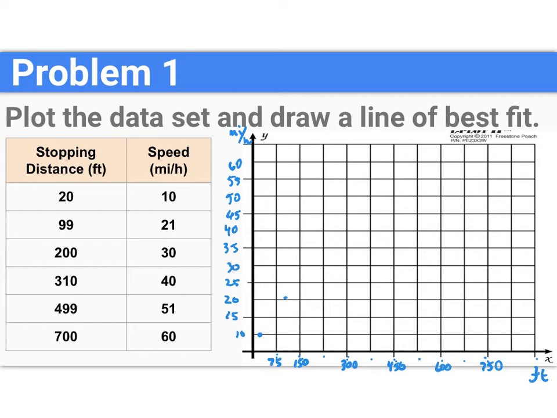So, for 200 feet, 225. We went 30, so this is 225, so a little less than 225. We go about 30. Okay, for 310, which is right above 300, we went about 40 miles per hour.